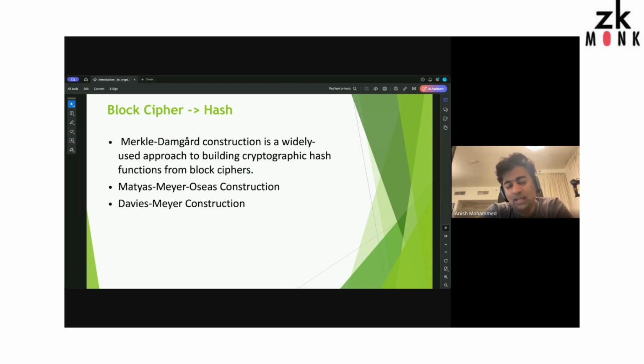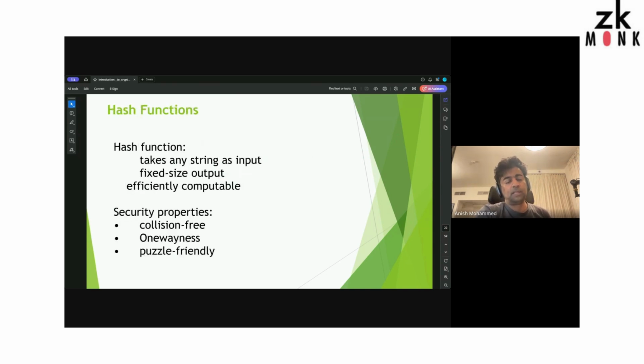But in summary, you can always think of a block cipher as a hash function, because property-wise, in a complexity-theoretic sense, it's a pseudo-random function. If a block cipher is working the way you define it in an information-theoretic sense with certain properties, it should behave the same way when you replace it with the hash function. Can I have the next slide, please?